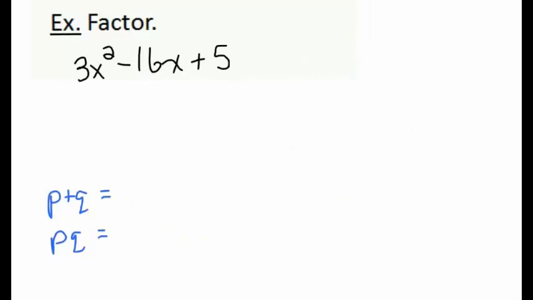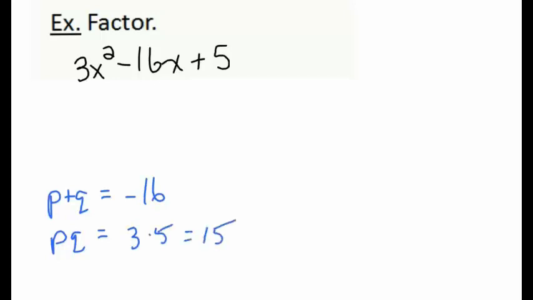In our second example, we have 3x squared minus 16x plus 5. This means we're looking for two values, p and q, that add together to give us negative 16, and whose product is 3 times 5, which is 15.